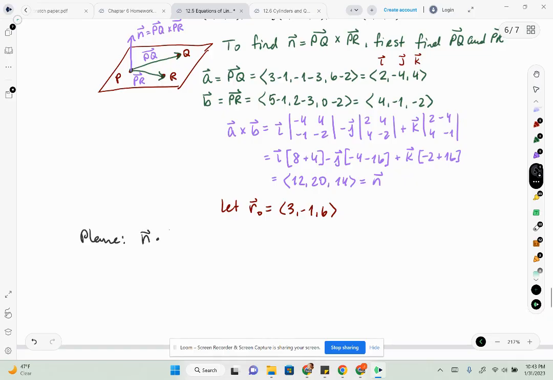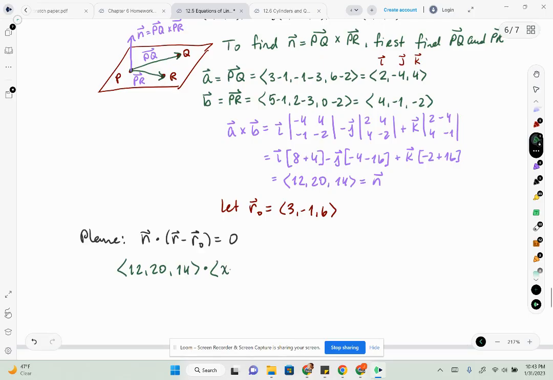is the normal vector dotted with r minus r naught is equal to 0. We go ahead and plop those in. N has components 12, 20, and 14, dotted with r minus r naught.